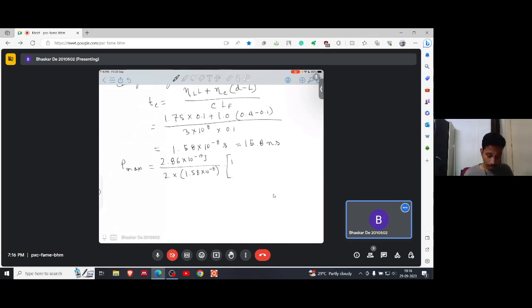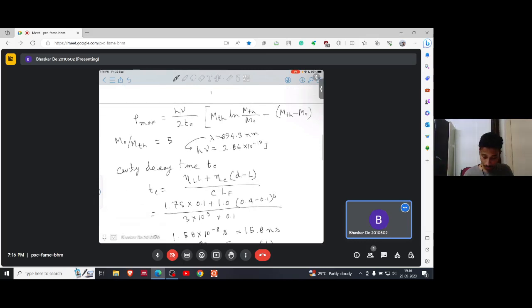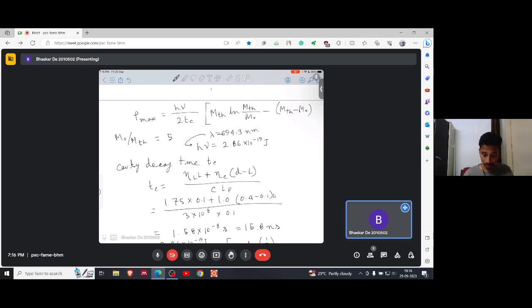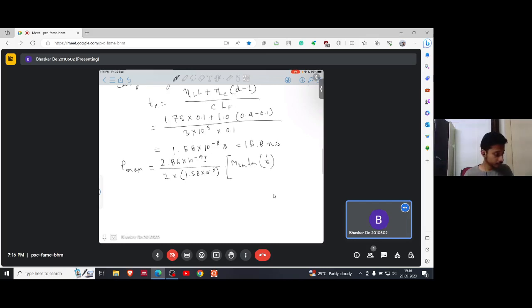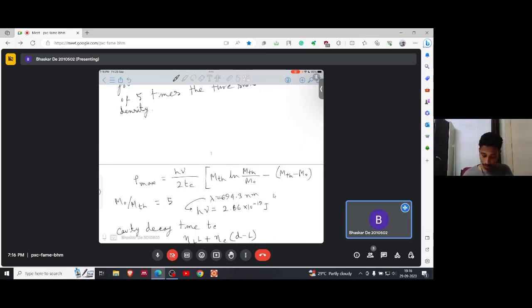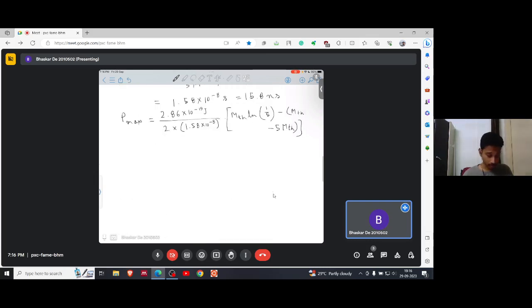Now n_th ln 1 by 5. So basically this is from m0 by m_th is equal to 5. So this is 1 by 5 because here we have the inverse, m_th by m0. So we replace m0 with 5 m_th so that the ratio is 5.